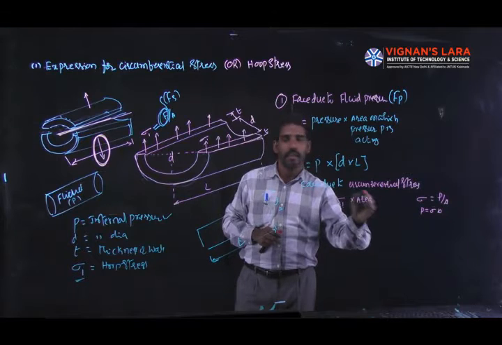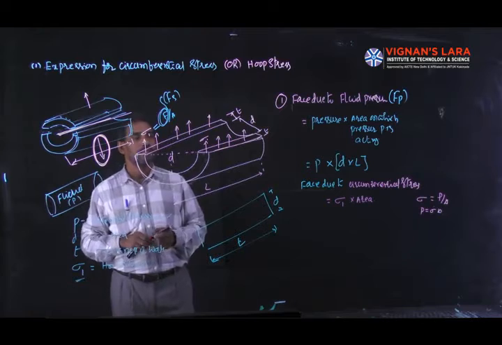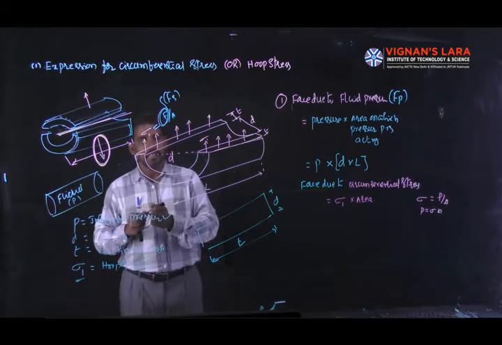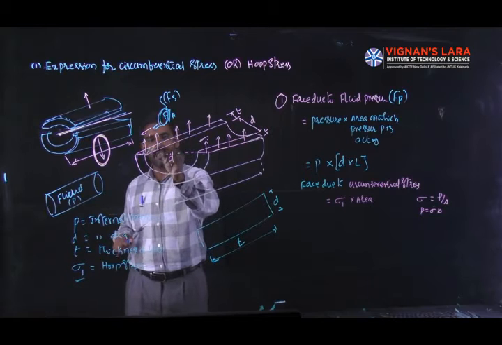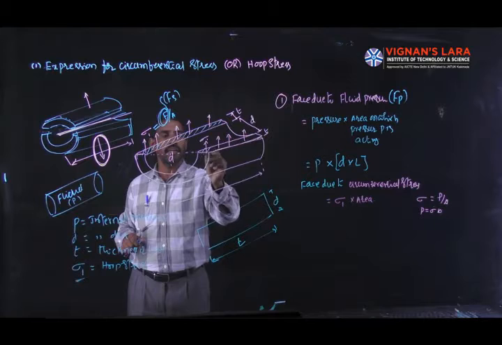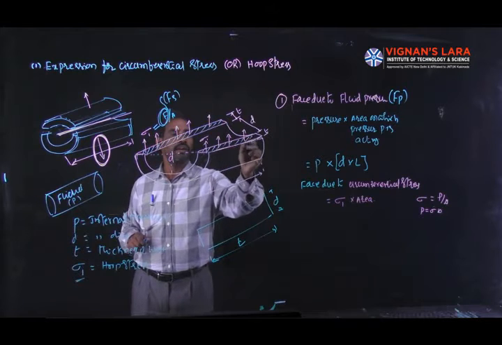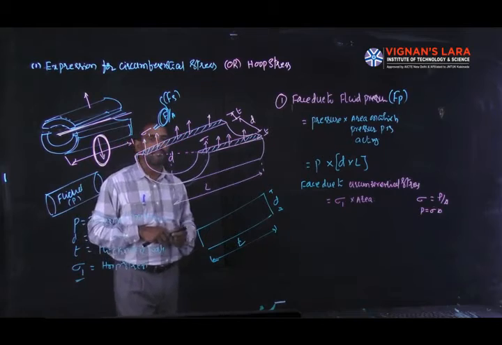On which area is the stress induced? Simply, if you observe, the stress is induced in a particular area, for equilibrium condition, to avoid failure under the action of the fluid pressure.